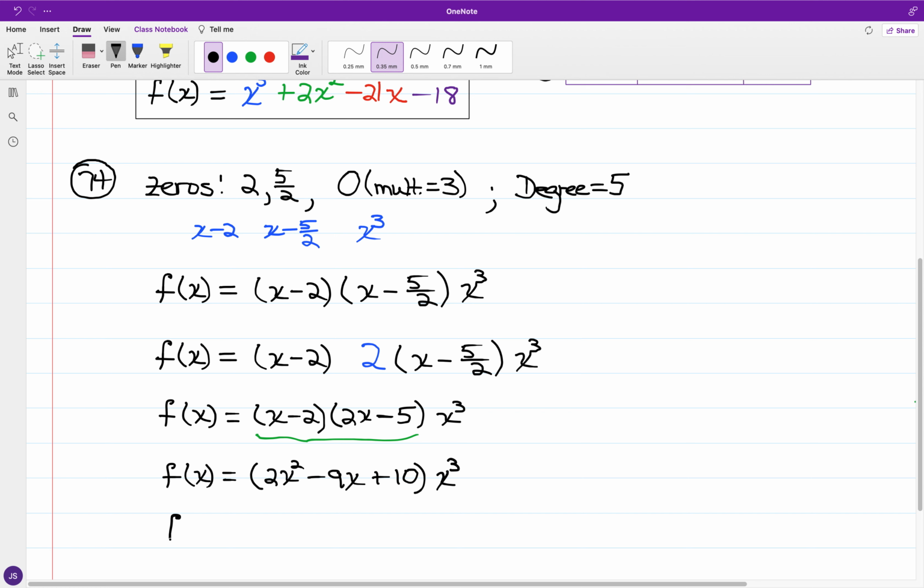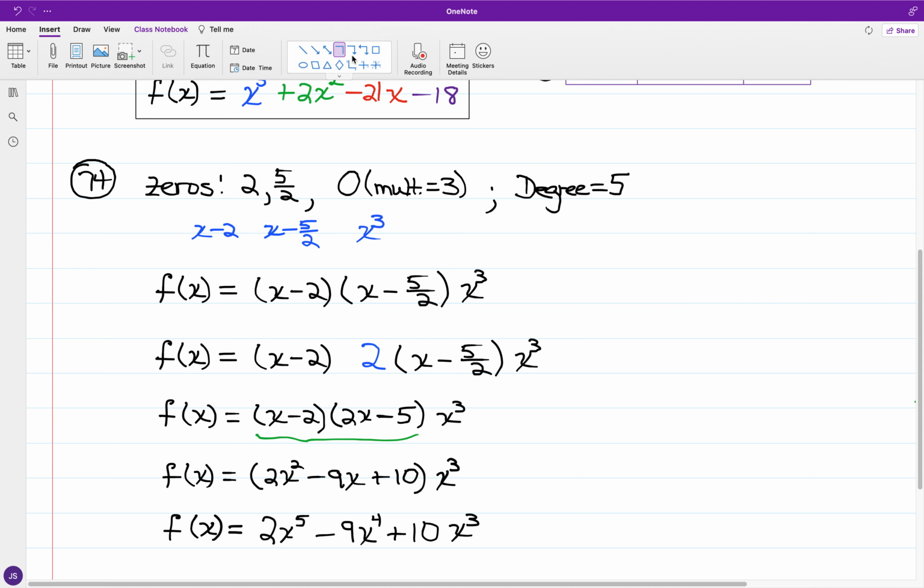For the follow through, if I distribute x cubed over this second order trinomial, we're going to have 2x to the 5th minus 9x to the 4th, and we have plus 10x cubed.